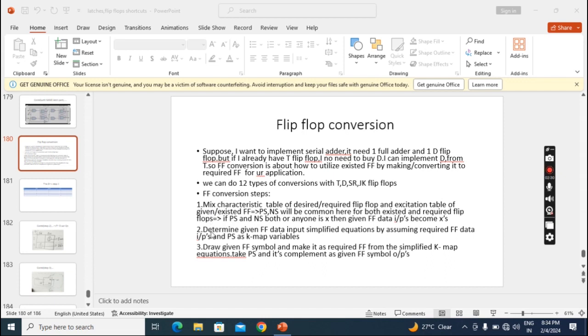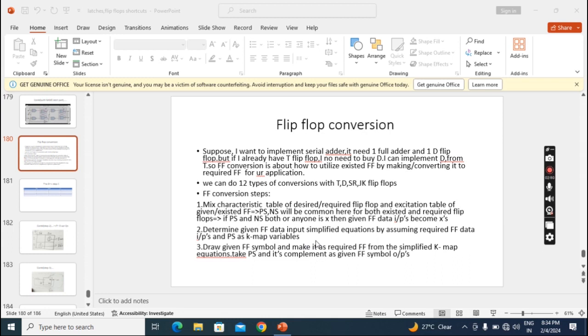Now second step, we have to determine the simplified equations for the data inputs of the given flip-flop, by assuming the required flip-flop data inputs and present state as K-map variables.